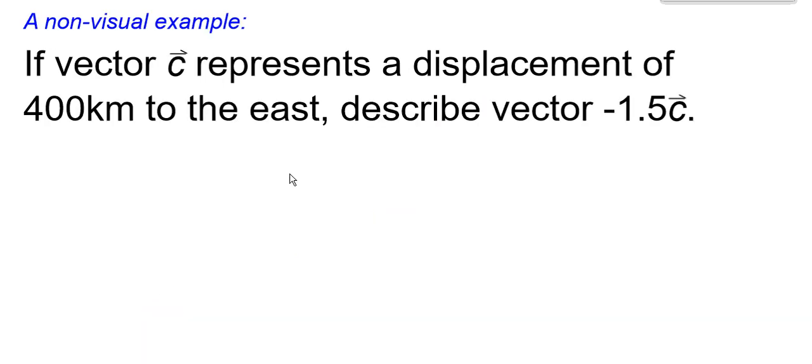So in general, oh, wait, another example before we say in general. So here's a non-visual example. We have a vector c, and it represents a displacement of 400 kilometers to the east. We want to describe vector negative 1.5c. So we know that the new vector is going to be 1.5 times the magnitude. So I have to take this number and multiply by 1.5.